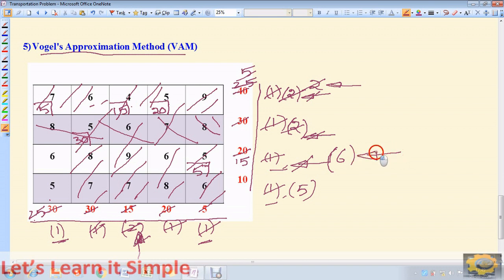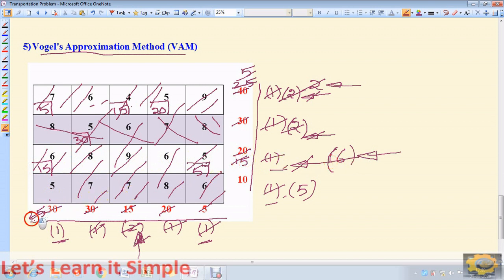I need to move along this, and if you move along this, there is only one cell, which means I need to allocate here. So in that column I have 25, along the row 15, so whichever is lesser I can allocate here. So this vanishes.